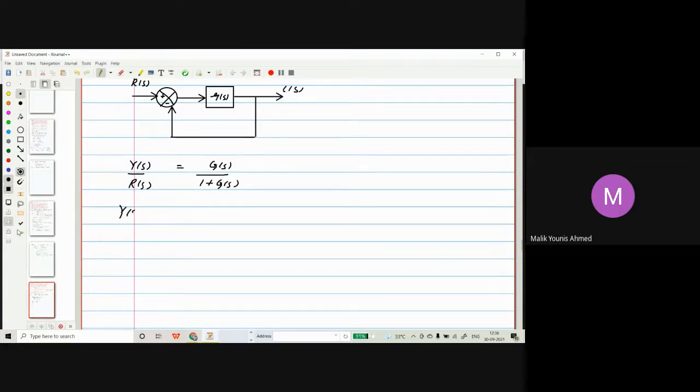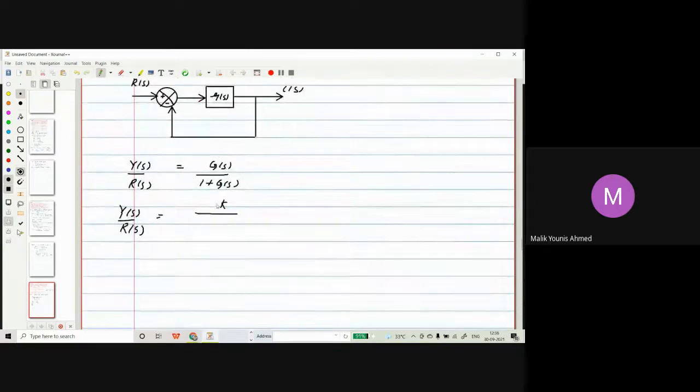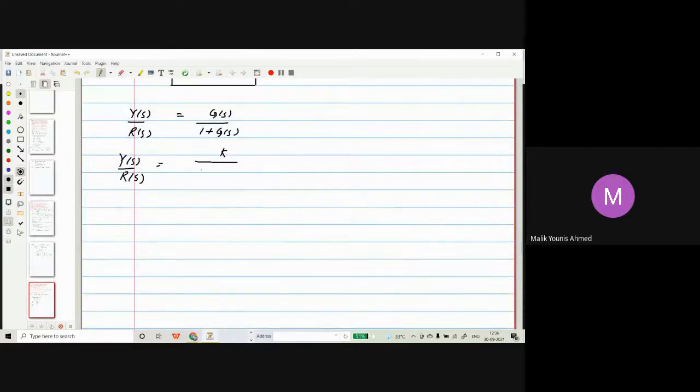So Y of s by R of s in this case is k divided by (s plus 1) whole square into (s plus 2), divided by 1 plus k divided by (s plus 1) whole square into (s plus 2).